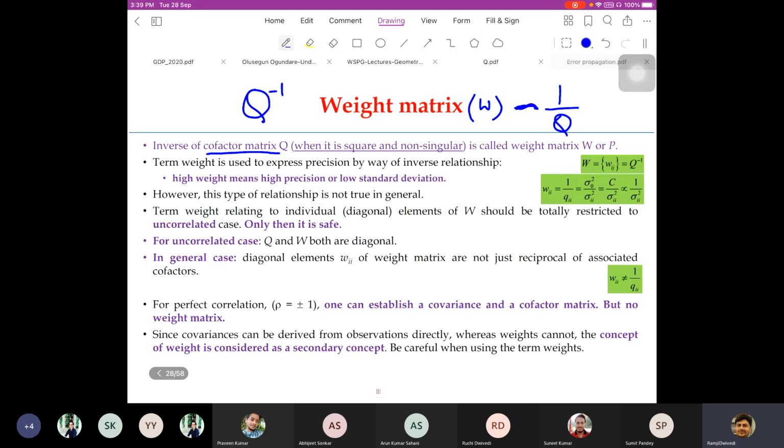The term weight is used to express precision by way of inverse relationship. Now look, I'm just giving one example. Forget about the literature. You will realize it from your own experience. Suppose you have 10 friends, all maybe classmates or schoolmates, whatever it is.